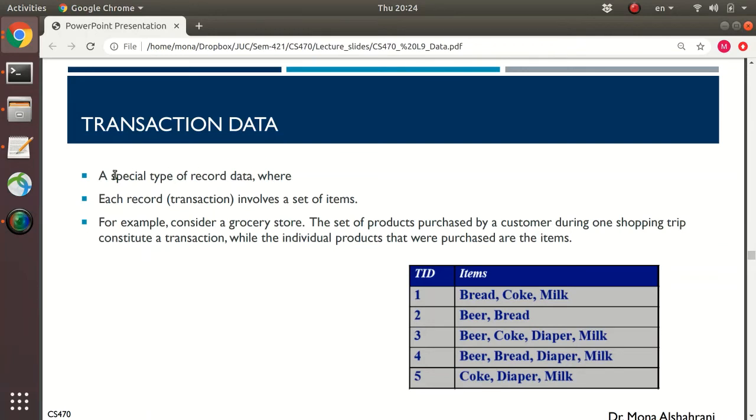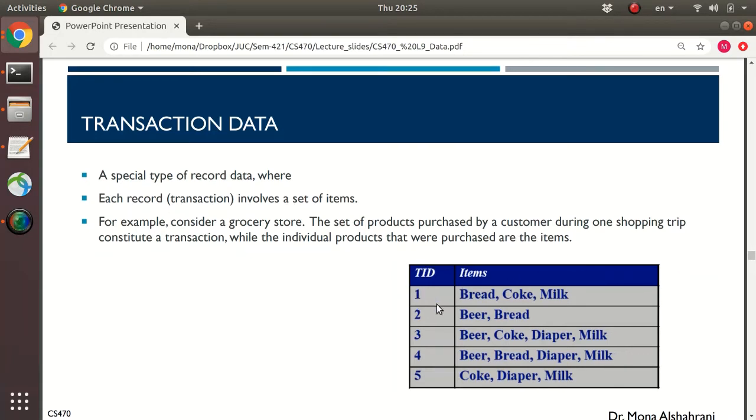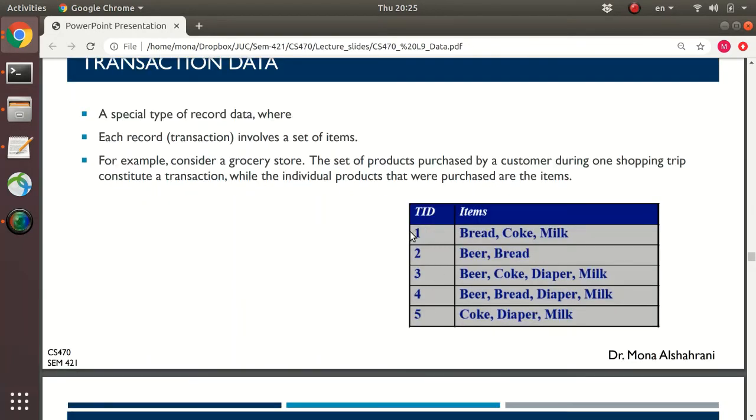Transaction data is another type of record data, where each record represents a transaction and involves a set of items. For example, consider a grocery store. The set of products purchased by a customer during one shopping trip constitutes a transaction, while the individual products purchased are the items. For example, we have here one transaction that is the result of a customer going to the supermarket and buying these items.